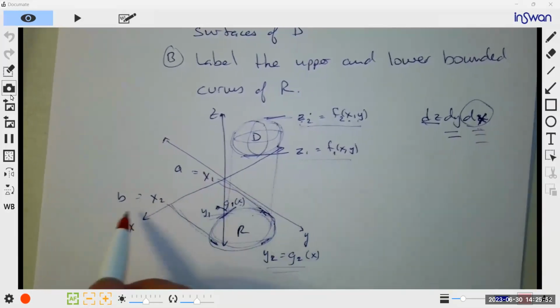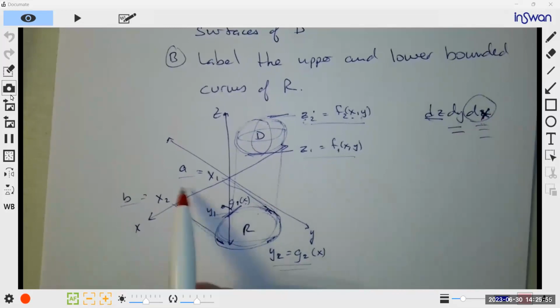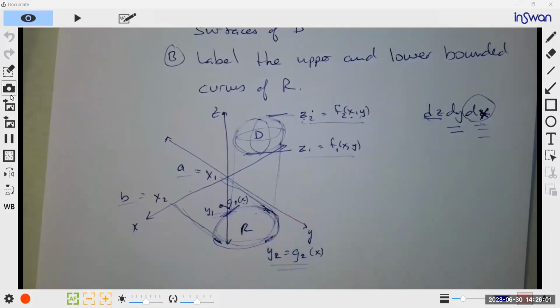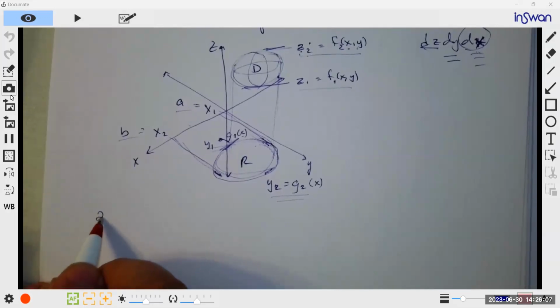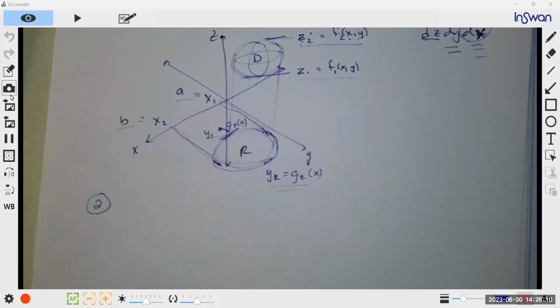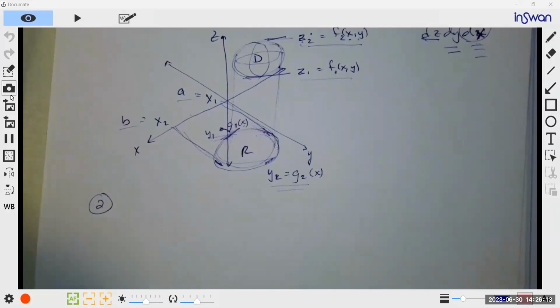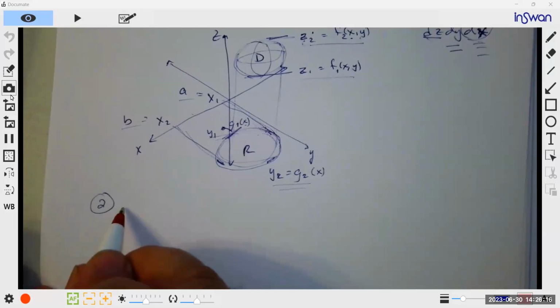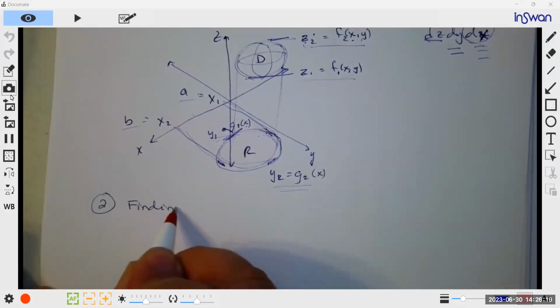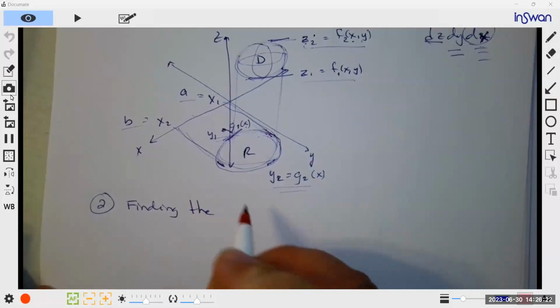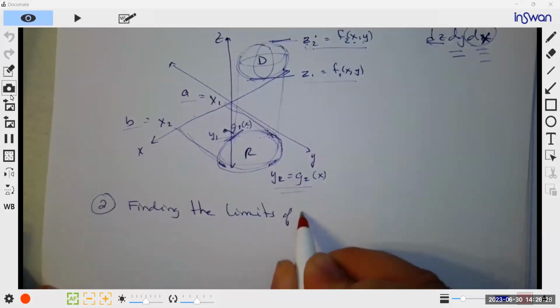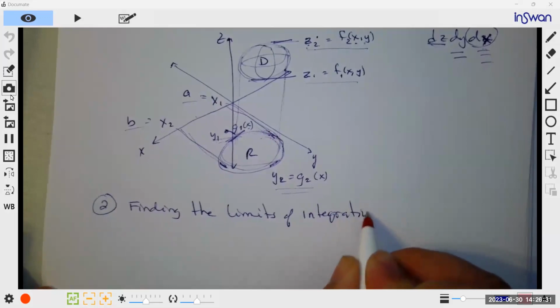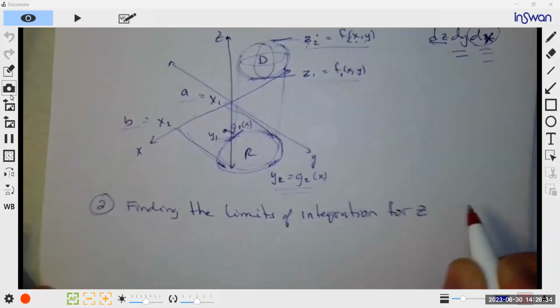And then the bounds of x, since it's the last one, are where the shadow begins and ends. This is how we define and calculate our bounds of integration. Finding the limits of integration for z.